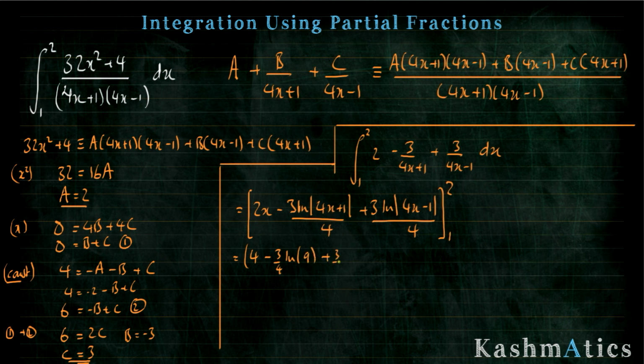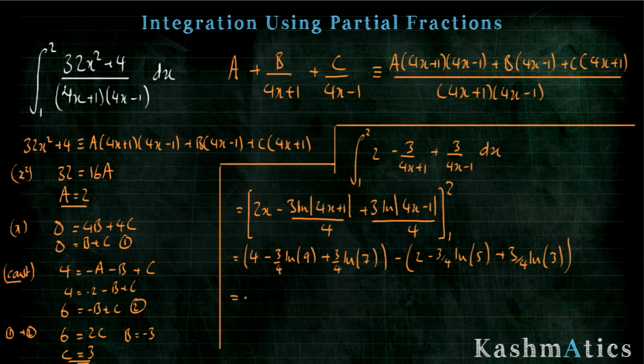Add 3/4 ln 7. So that's the first bracket sorted. Take away, now I'm going to put 1 in there. So 2 times 1 is 2. Take away 3/4 ln 5, and plus 3/4 ln 3.